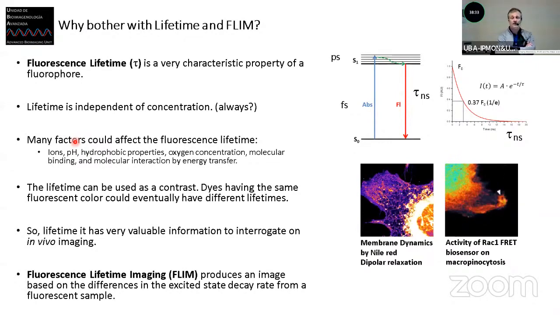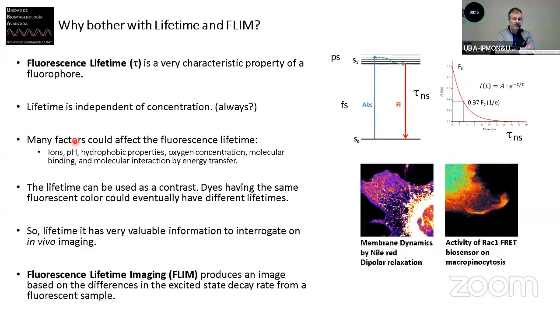In cells, when we are thinking in images, the distribution of a fluorescent molecule within the cell cannot be assumed to be equal in different parts of the cell. And eventually you can be biased in your conclusion because concentration is distributed differently.